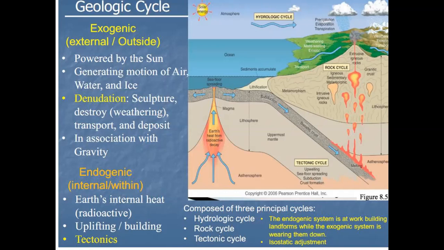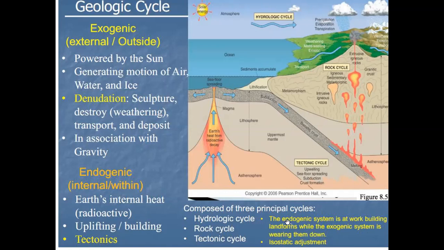So it basically means you have destructive processes taking place on the Earth's surface, and then you have constructive processes taking place from beneath the Earth interior, while the surface processes break down, for example, the different landscapes.